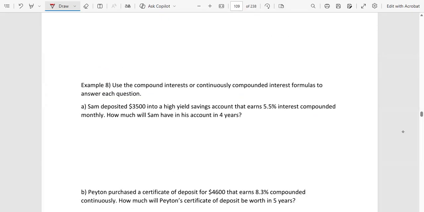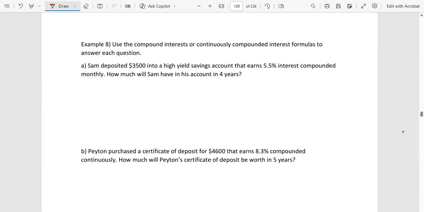And the last example, it says use the compound interest or continuously compound interest formulas to answer each question. We have to decide if we are using compound interest or continuously compound interest. Sam deposited $3,500 into a high-yield savings account that earns 5.5% interest compounded monthly.